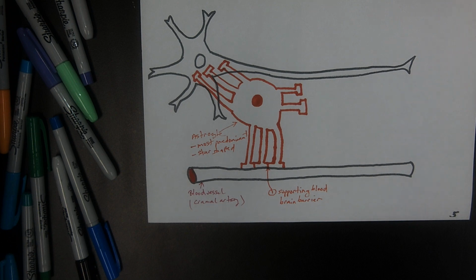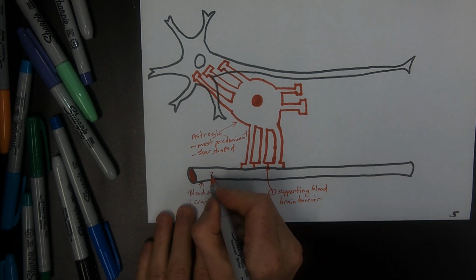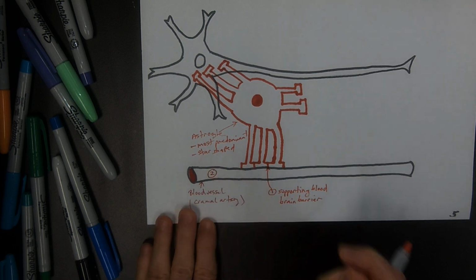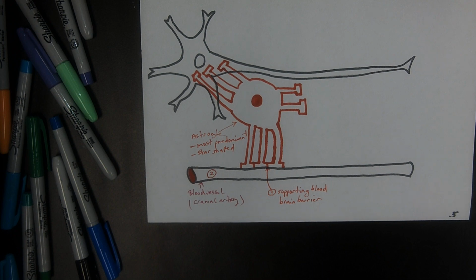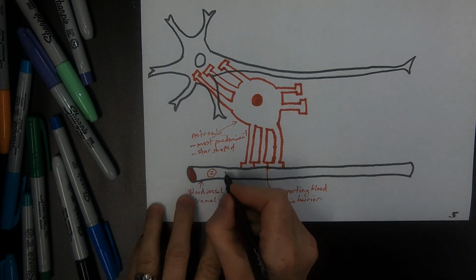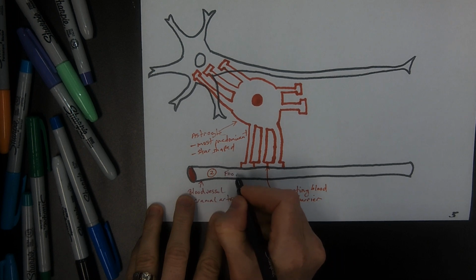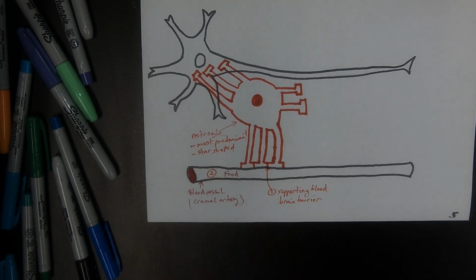Function number 2. If you can imagine, in the blood vessel, the major fuel for your brain is going to be glucose. It prefers glucose. It can use ketone bodies if absolutely necessary, but it definitely prefers glucose. Let's just consider glucose a basic food. So floating around in your blood is food, nourishment.